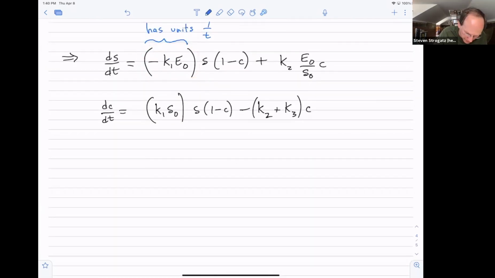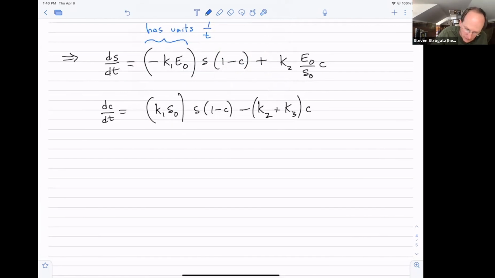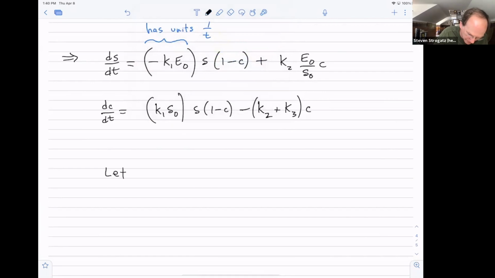So to do that, I'm going to introduce a dimensionless time. Let's now let a dimensionless time tau equal K1 E0, that thing above that I said had units of 1 over time, times the variable time.